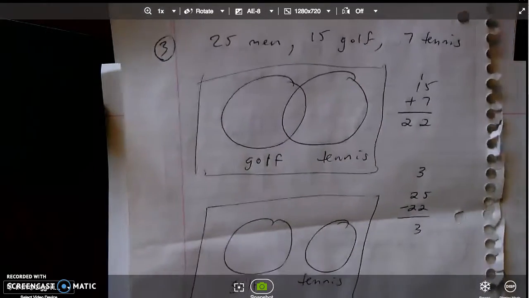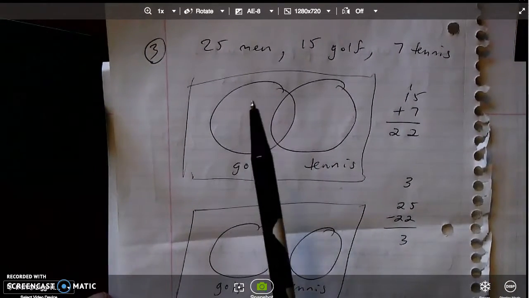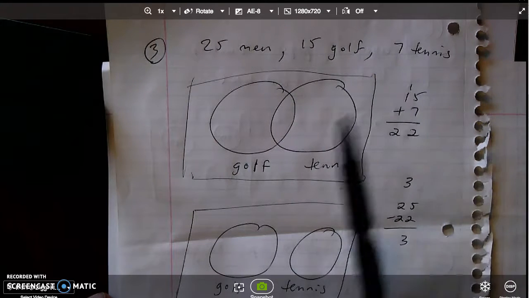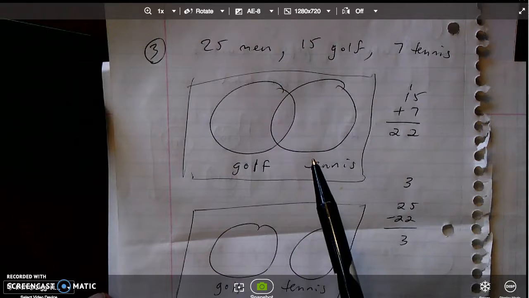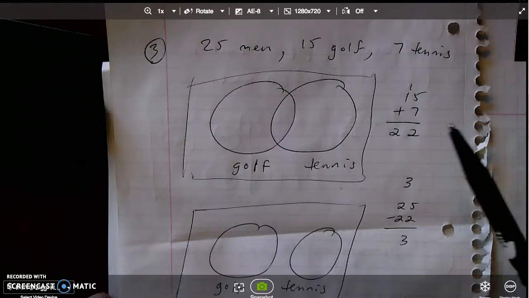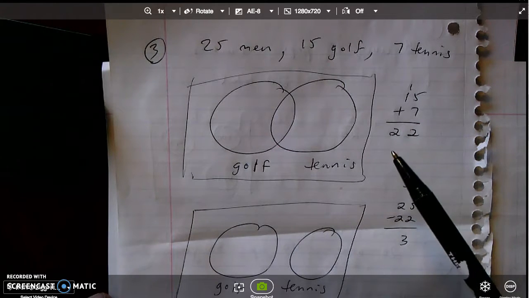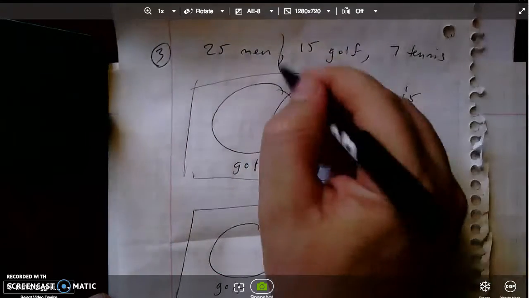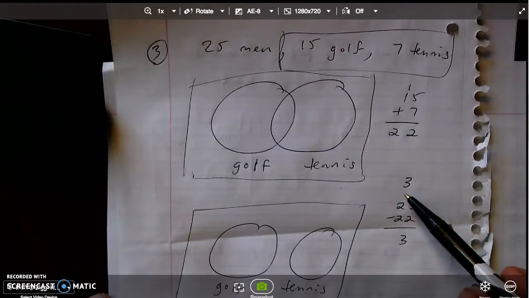They say there are 25 total, and these two add up to 22. I've got 15 in golf, 7 in tennis, so 22 accounted for, but 3 that I'm not sure what they're doing.